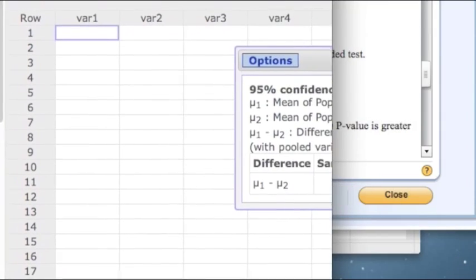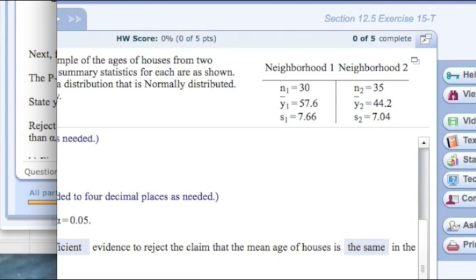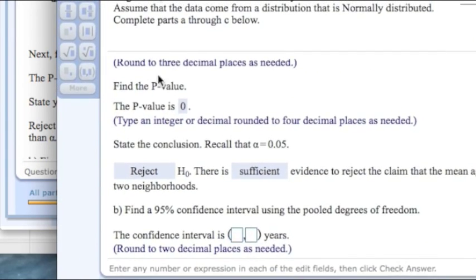Alright, so let's plug those values back in. And again, you want to be careful to look at the number of decimal places you're asked for and make sure you're doing that accurately, to not miss a chance on something you've done correctly.